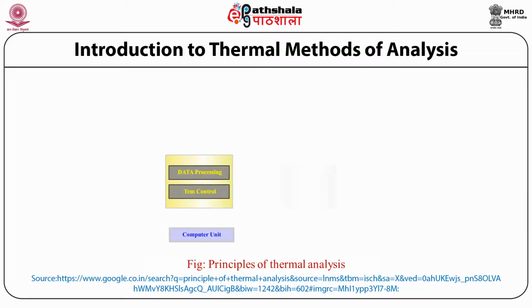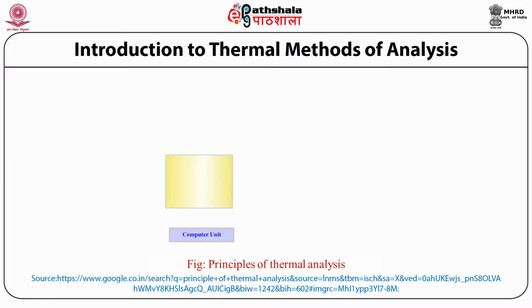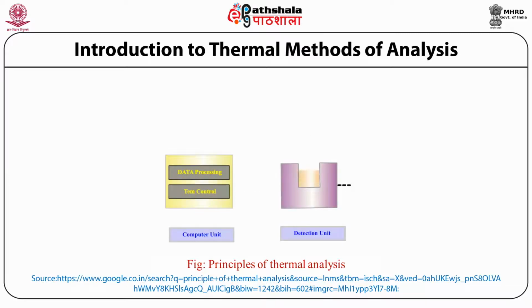Proton nuclear magnetic resonance, electron spin resonance, electron diffraction, X-ray diffraction, mass spectroscopy, UV visible and IR spectrophotometry and thermal methods are some of the methods according to this definition.